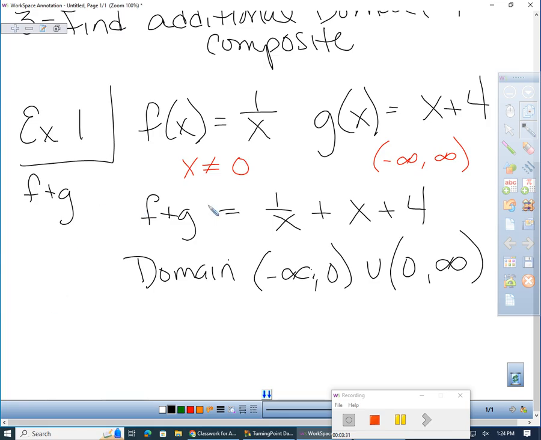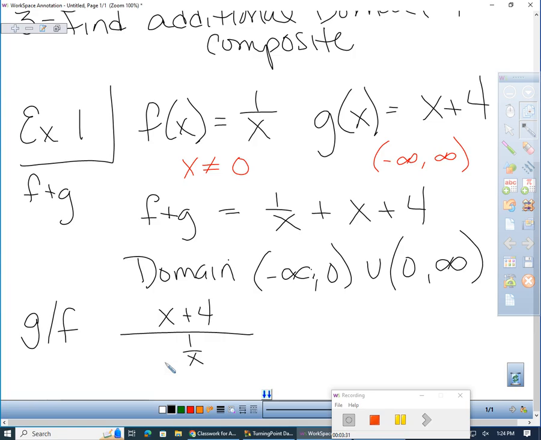What if in 5 and 7, we are either dividing or multiplying? So let's do g divided by f. If I take my g, which is x plus 4, and divide by my f of x, which is 1 over x, how do I go about simplifying that?